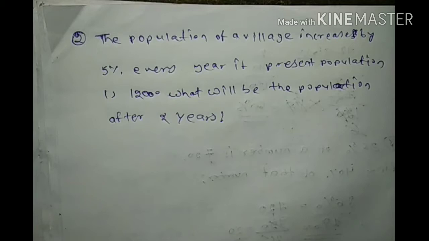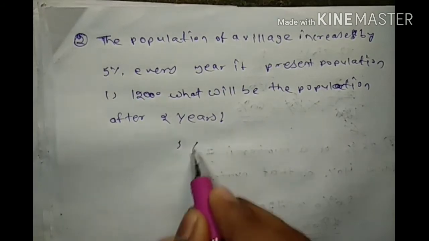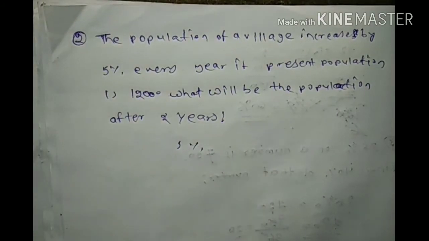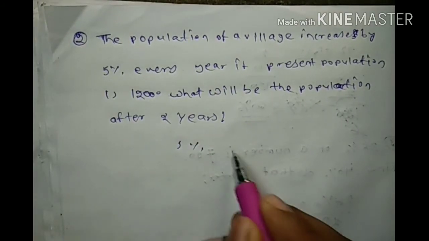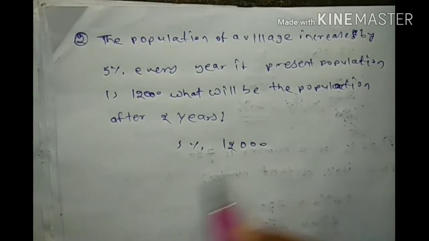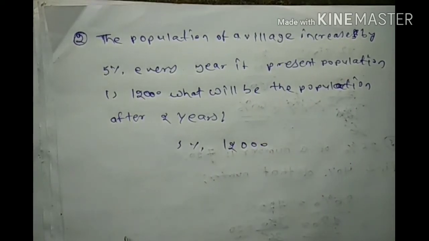The next question: the population of a village increased by 5% every year. If the present population is 12,000, what will be the population after 2 years? It increases by 5%.